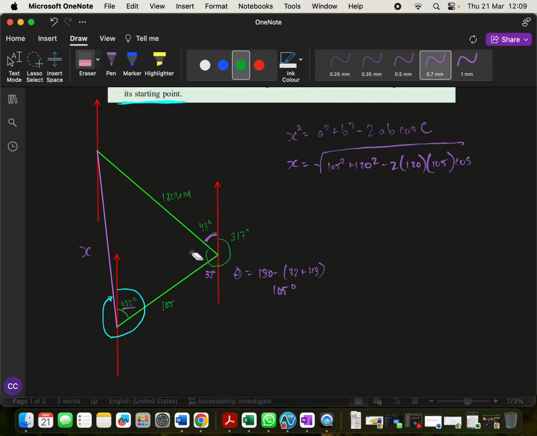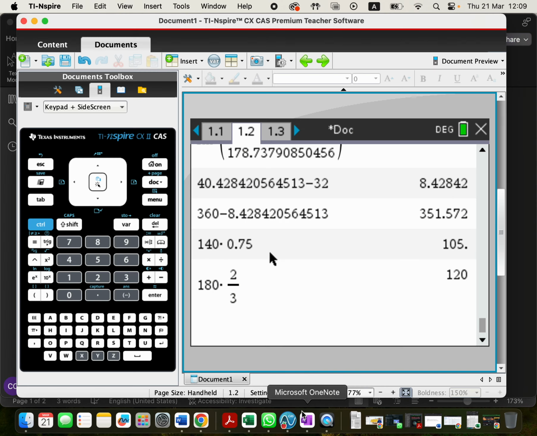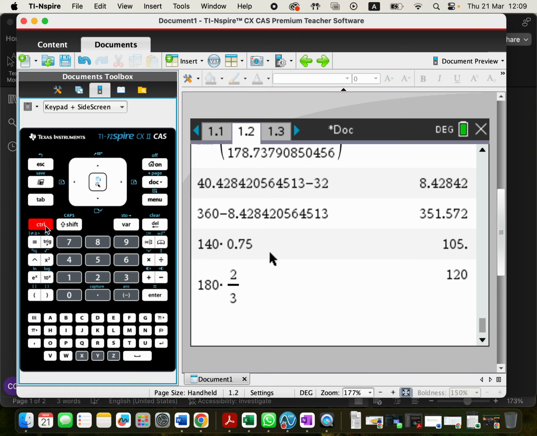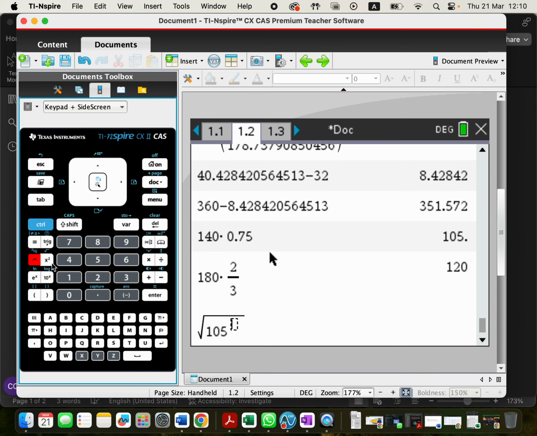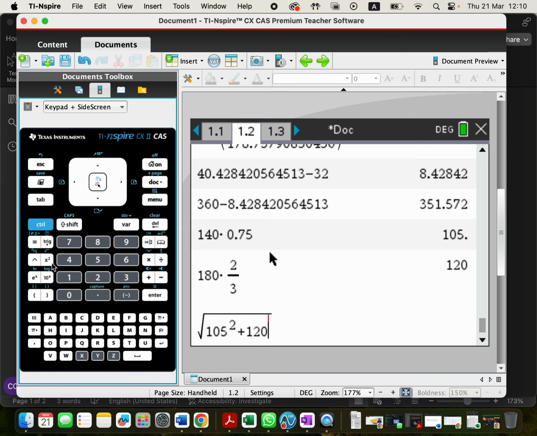So if I just plug in that 105 degrees here, it's cosine 105. That'll give us our value of x. I don't think many people had trouble with that, I just want to make sure that we're showing it. So it was 105 squared plus 120 squared minus 2 times 105 times 120 times the cosine of 105 degrees.